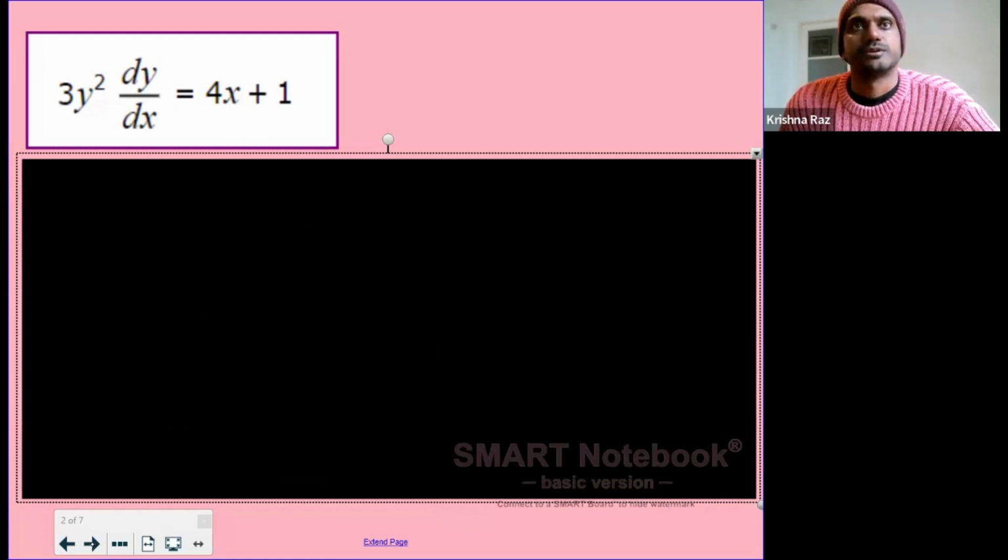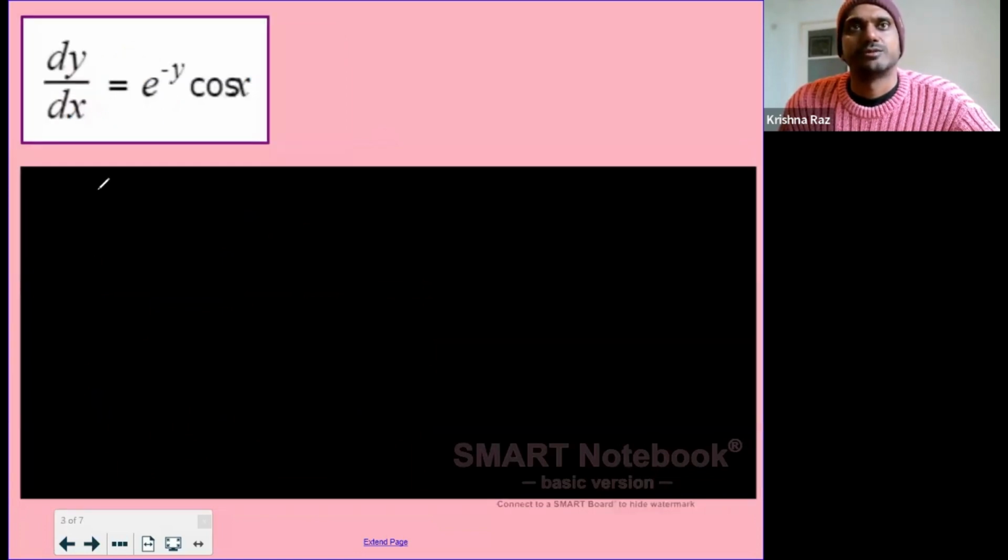So example 2, we have the integral of dy by dx equals the integral of cos x over e to the y. So I need to move the x and y's, so the x to the right-hand side and the y to the left-hand side.